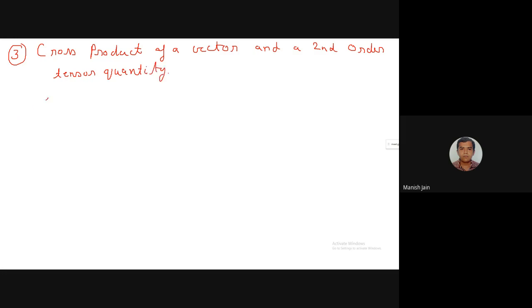So you have tau cross v. So write it down in the unit vector form: tau ij del i del j cross vk del k. Again, you have to remember that the cross operation will occur between the nearer vectors.